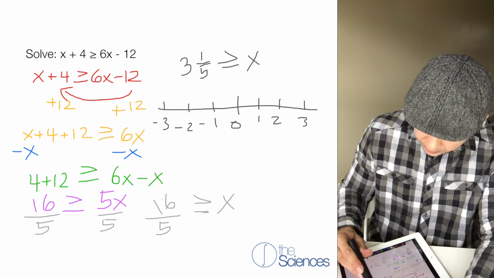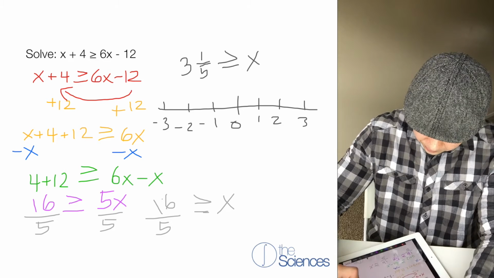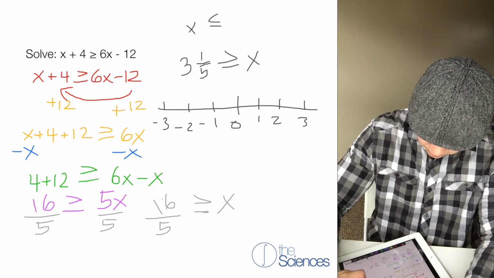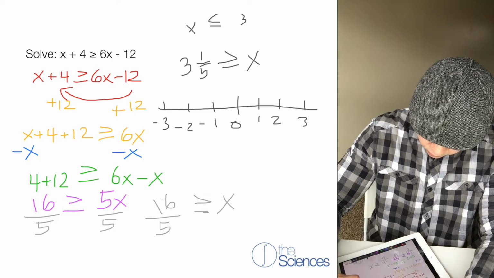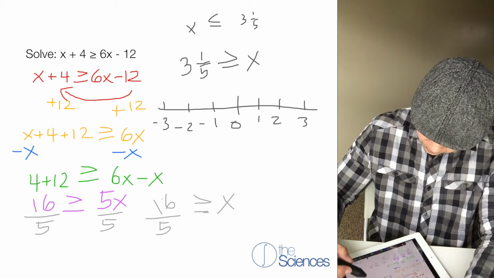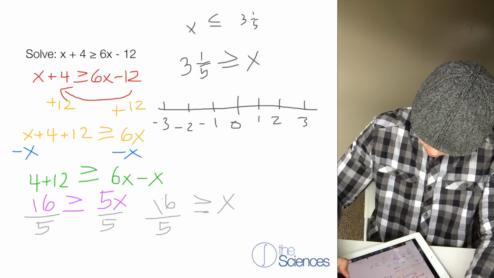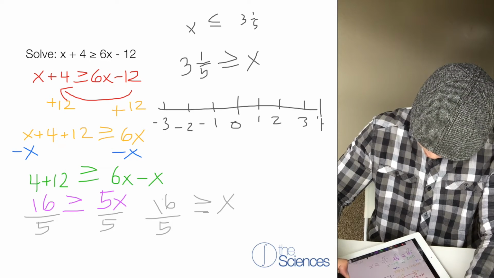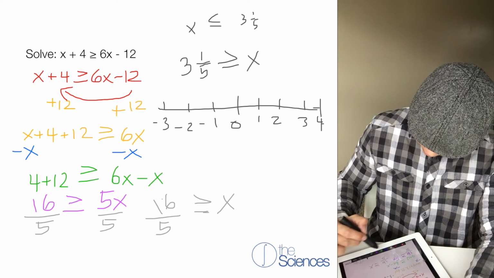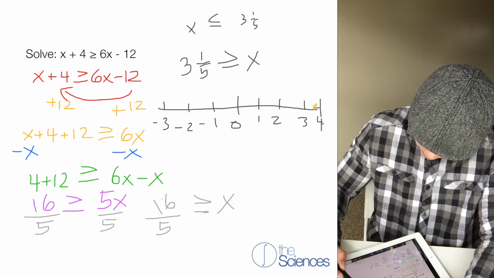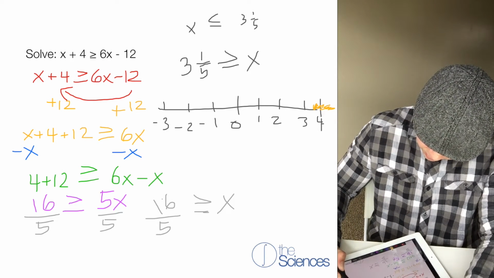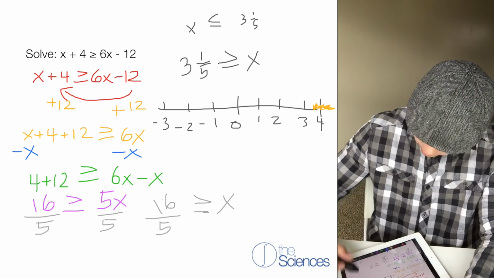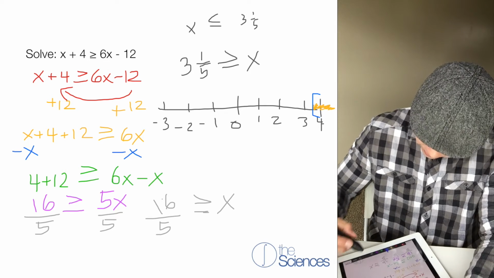We can also rewrite this by saying x is less than or equal to 3 and 1/5. Let's add another number here, 4. So x will go in this direction. And because it also includes 3 and 1/5, we would use a bracket sign.